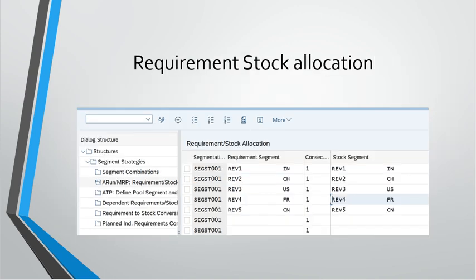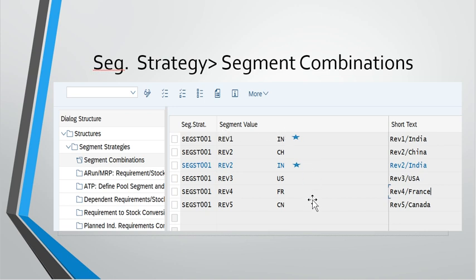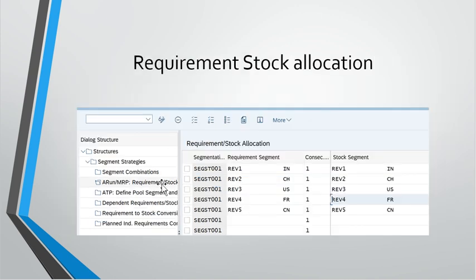Now go to another screen, that is the MRP screen. For MRP, we want to determine in the same way as we are defining the segment values here. The same values we have to determine as a requirement segment and as a stock segment.